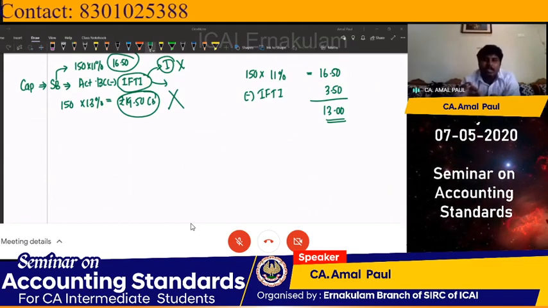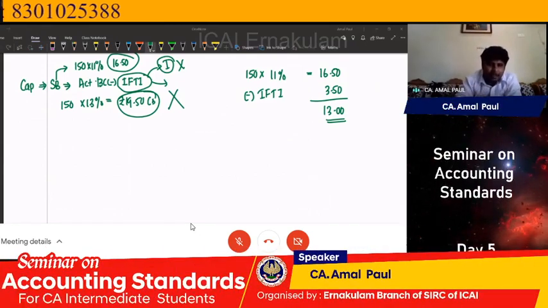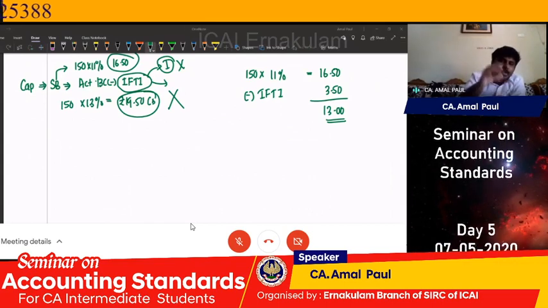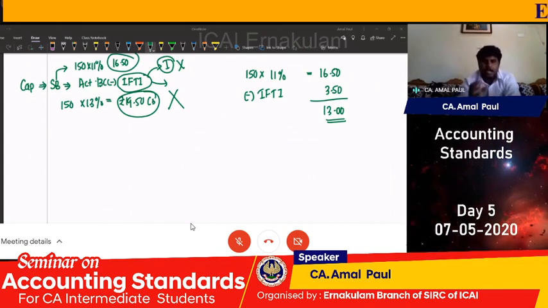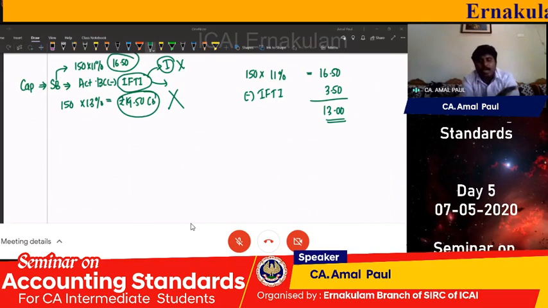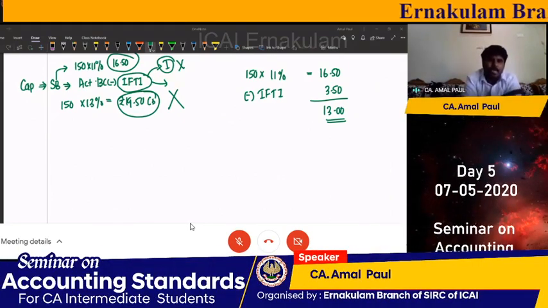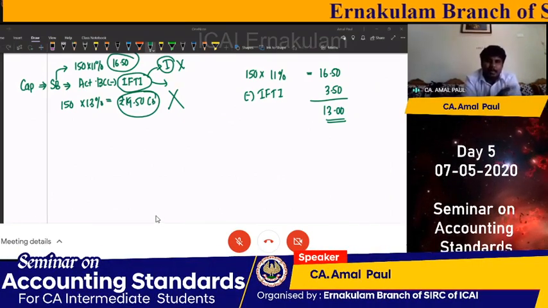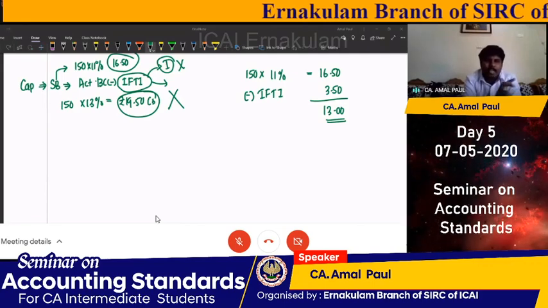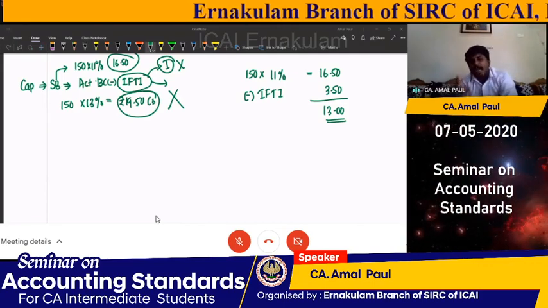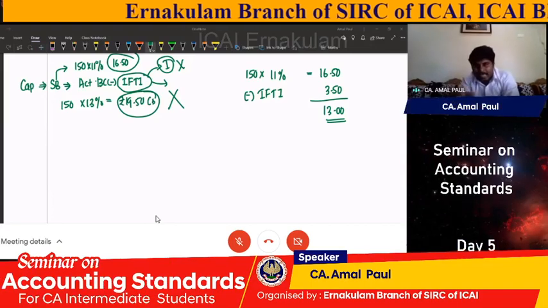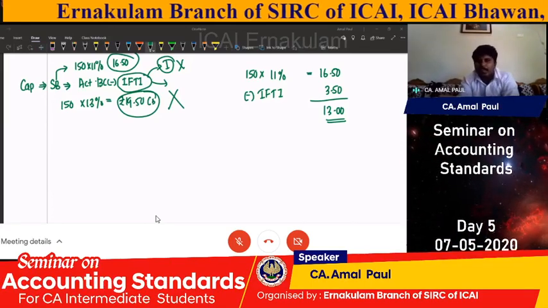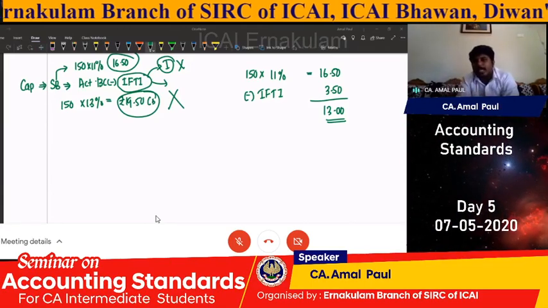Therefore, we cannot take the weighted average capitalization rate when there is a utilization from specific borrowing. If you had incurred some expenditure from specific borrowing, then you should consider actual borrowing cost less income from temporary investment, if any. That can only be capitalized.